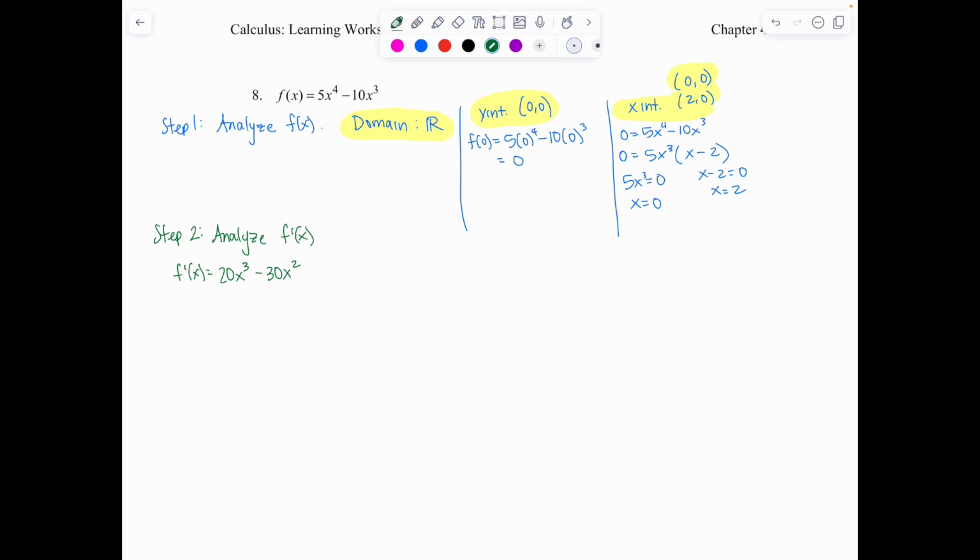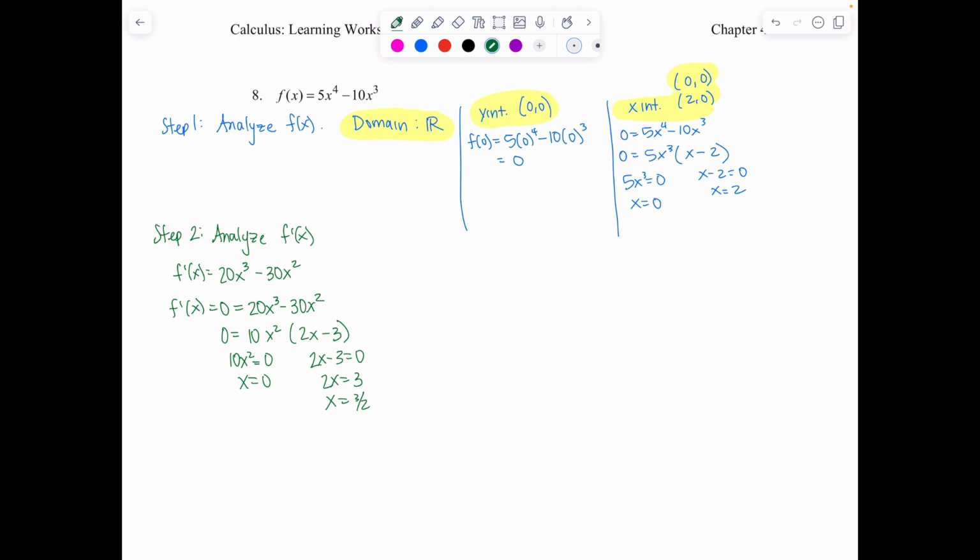Find our points where f prime equals 0. Let's factor out 10x squared. So we'll have 2x minus 3. 10x squared equals 0, x equals 0. 2x minus 3 equals 0, 2x equals 3, x equals 3 over 2.